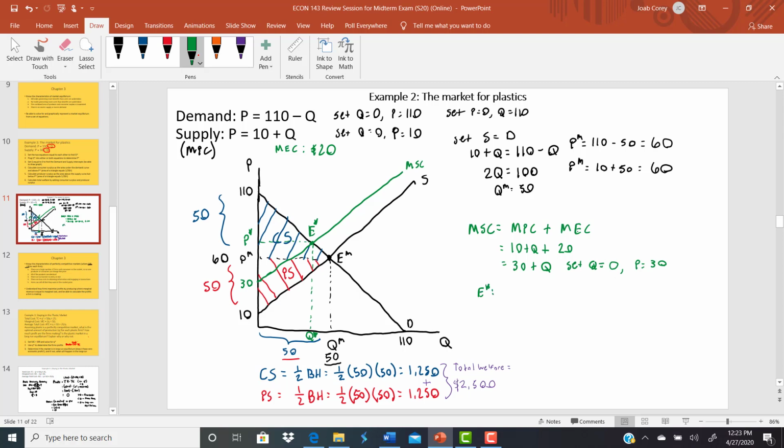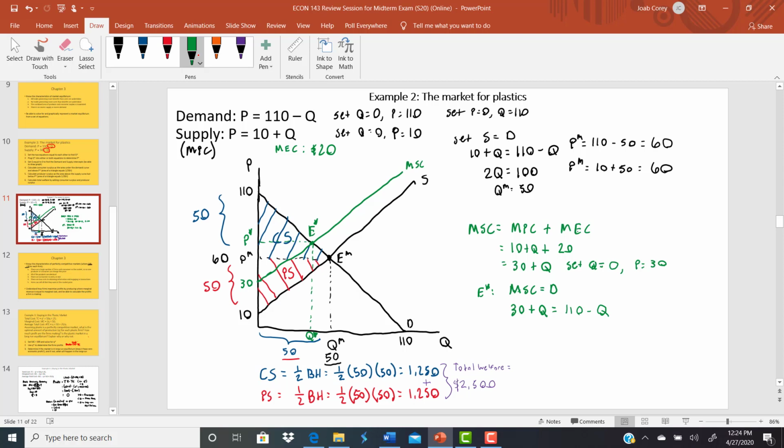by setting our marginal social cost curve now, instead of our original supply curve, equal to demand, right? So that's going to be 30 plus Q is equal to our demand curve, which is 110 minus Q, right? So that demand equation hasn't changed. So now we're going to add those Q's together here.